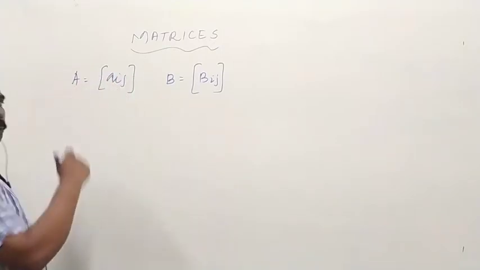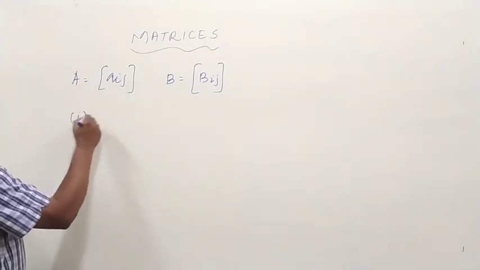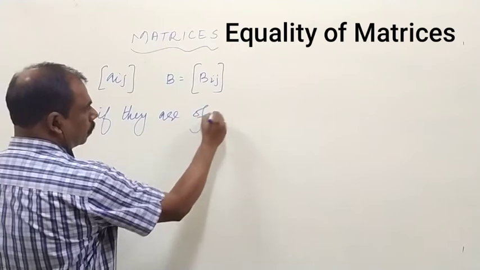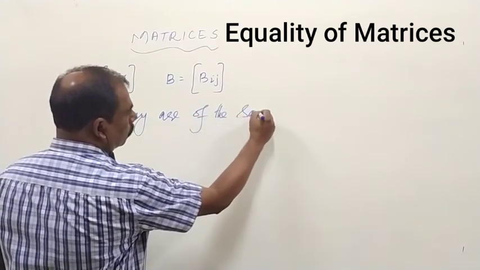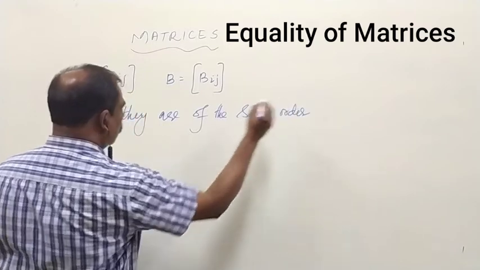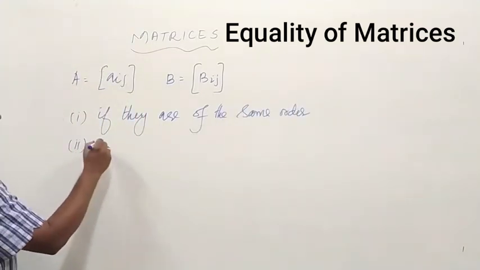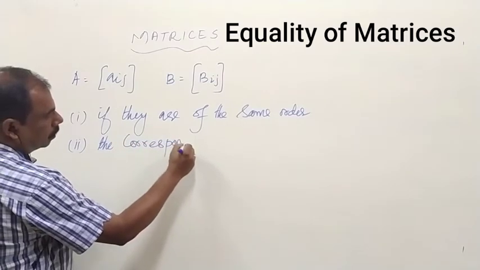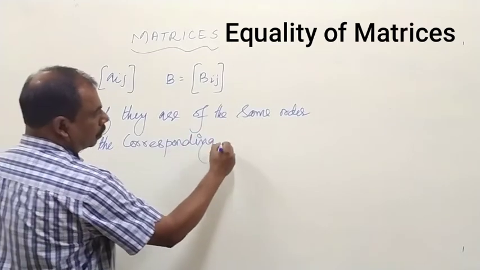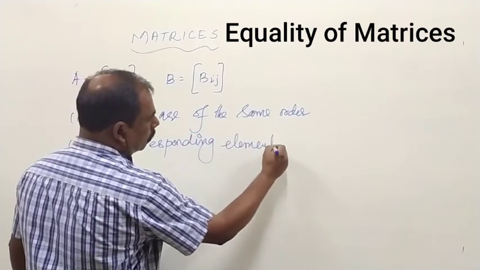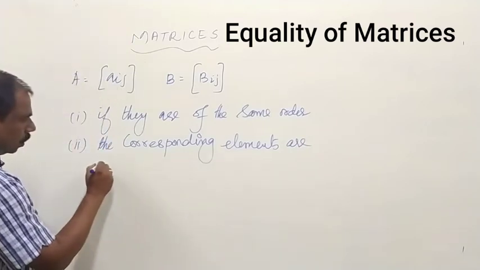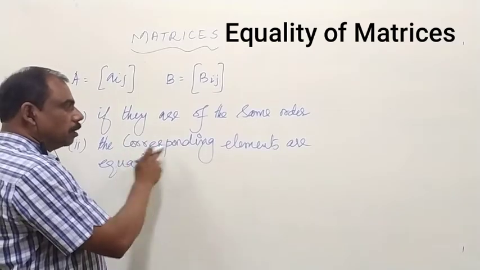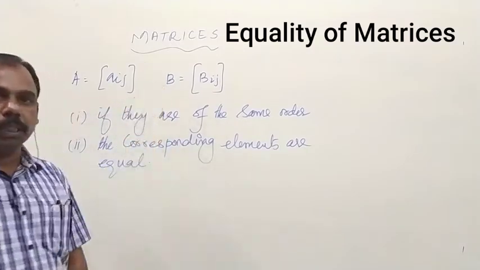Two matrices A and B are said to be equal if they are of the same order, and the second condition, the corresponding elements are equal. Corresponding elements are equal in the sense that the corresponding elements of matrix A and matrix B are equal.